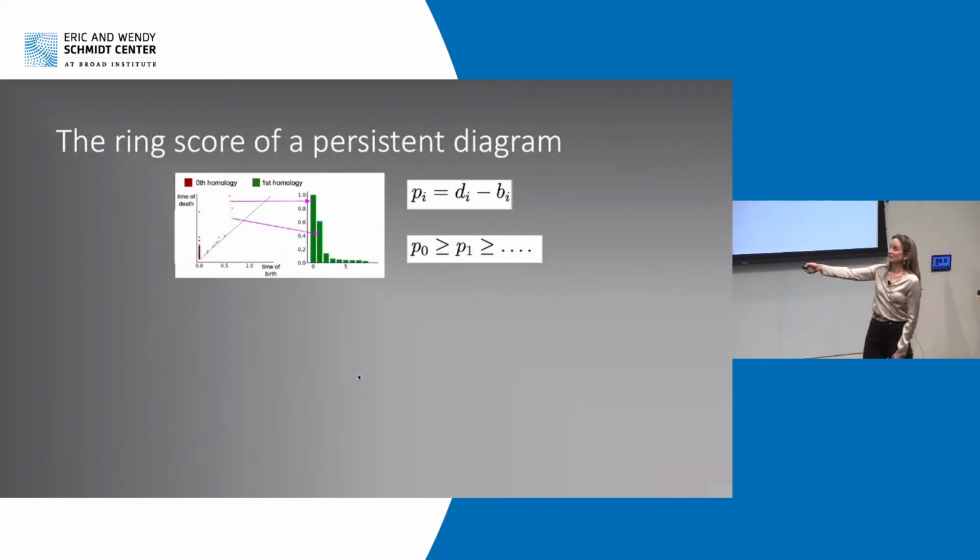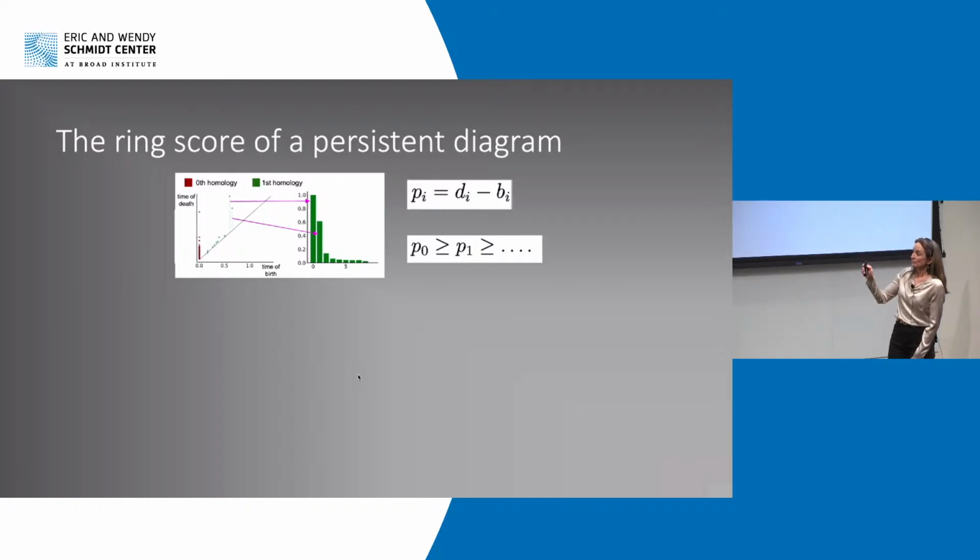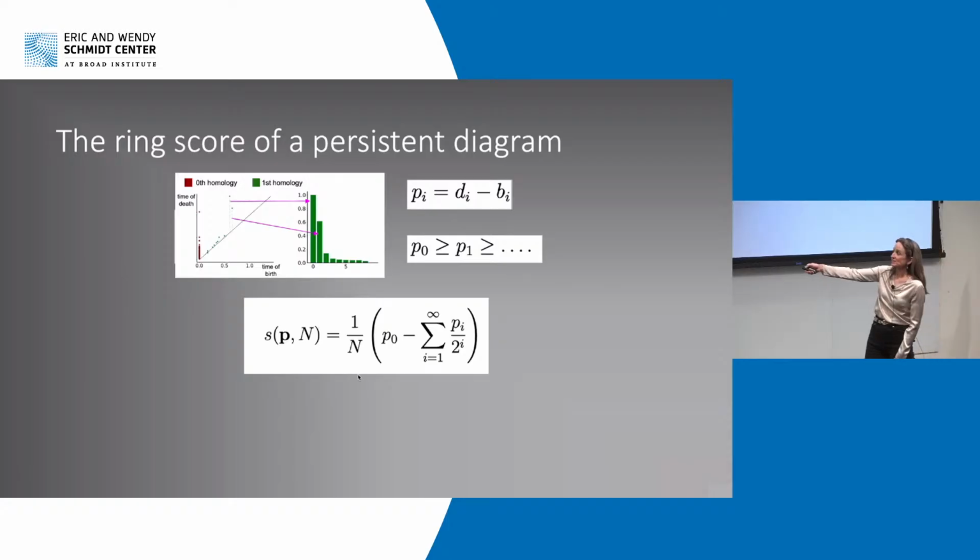And so now if we go back to our persistence diagram, where recall that we looked at the actual persistence, the difference between the death and the birth, and we've ordered them from largest to smallest, then what we can do is associate to a sequence like that of persistences a certain score where we take this first persistence, this longest one, and we subtract from it the sum of the other persistences, where we divide P1 by 2, P2 by 4, and so on, because somehow the shorter the persistence, the less significant it should be.